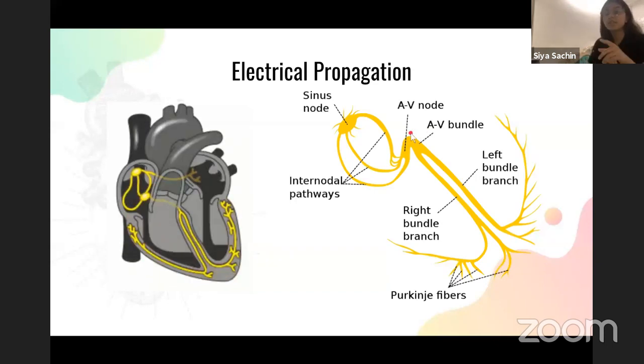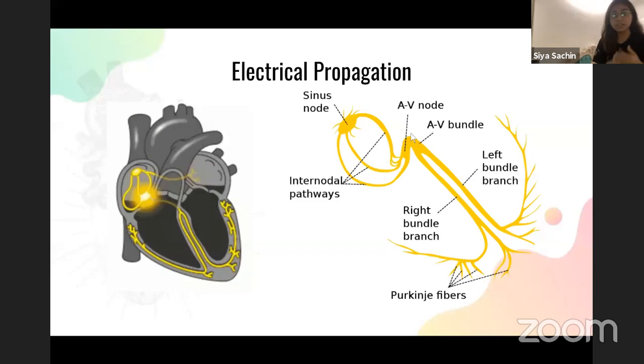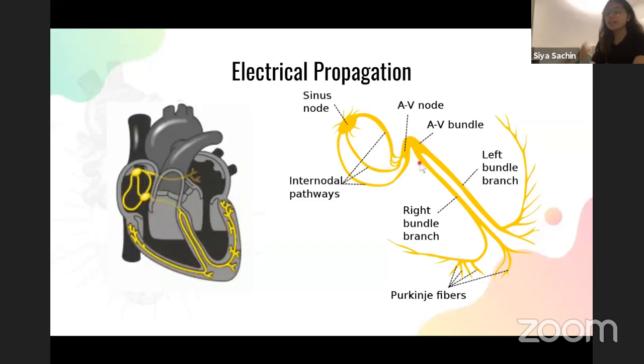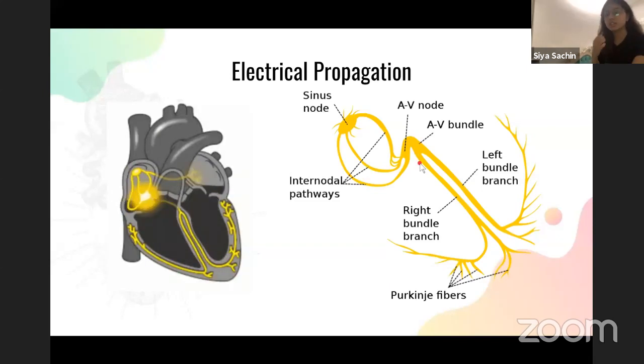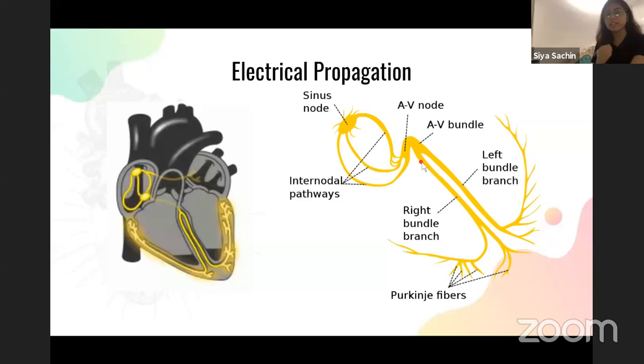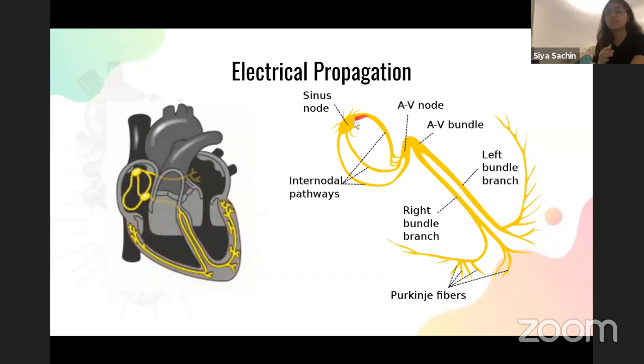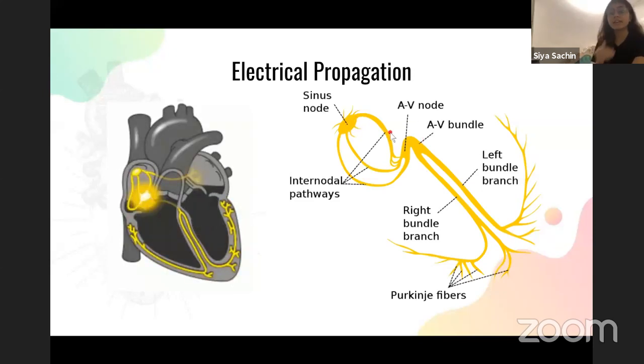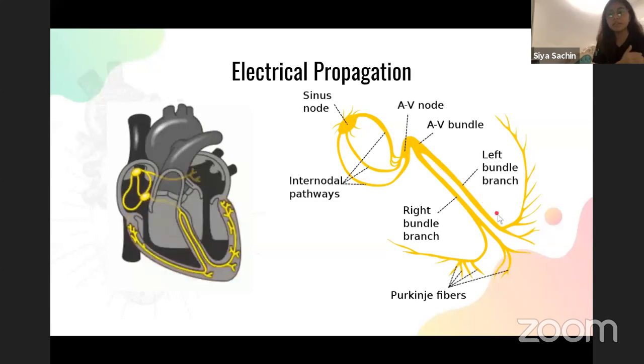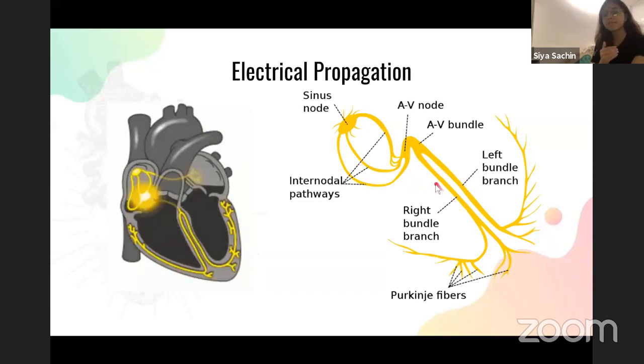So if the SA node is not able to generate those impulses, the AV node can take over. But the inotropy would be lower, so the heart rate would also be lower. The rate at which it will start generating these impulses, the electrical impulses, is going to be much lower than the SA node, and that's going to keep on decreasing as you move further down.